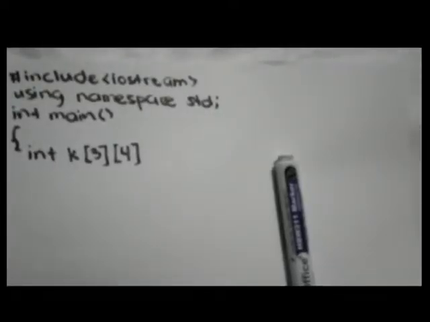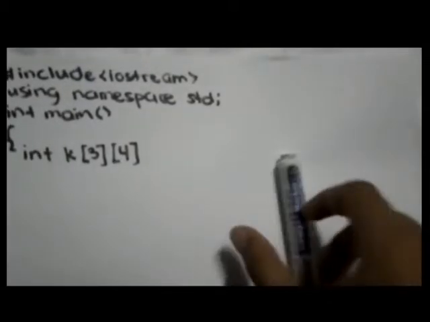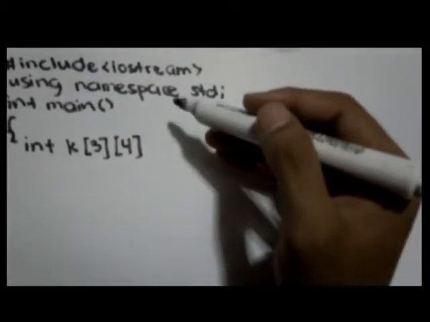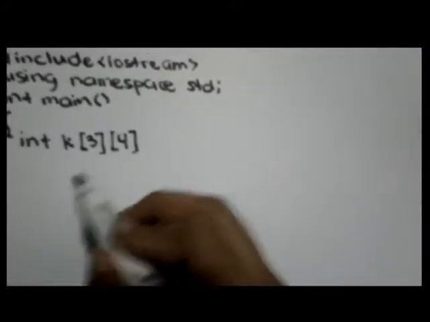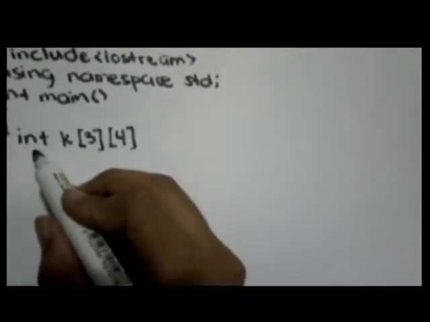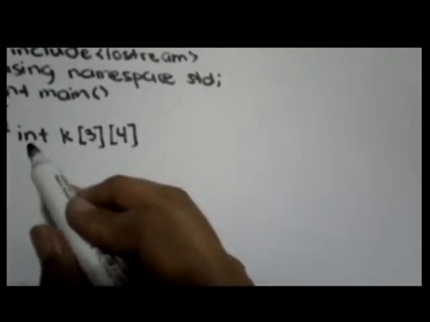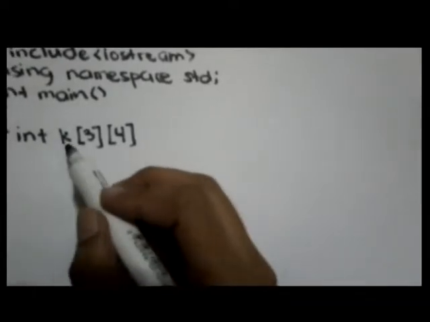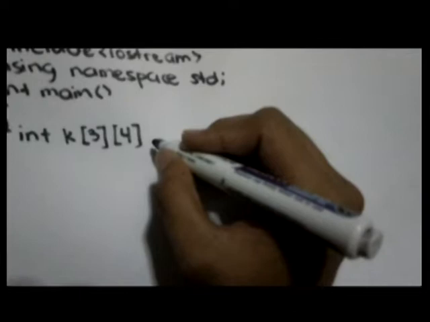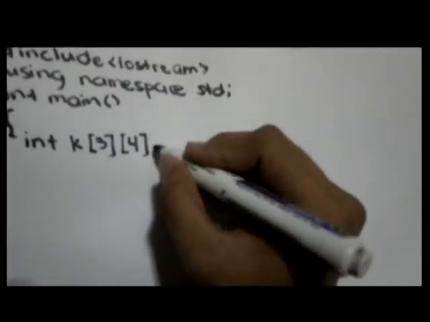Okay, now I will show you how to use the two-dimensional array. So it will start with the header. Now this is the declaration that we used earlier. The int, this is the type of the array that I will use. The k is the variable. Okay, so let's allocate some value inside our array.